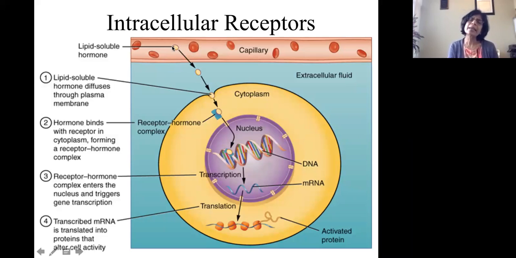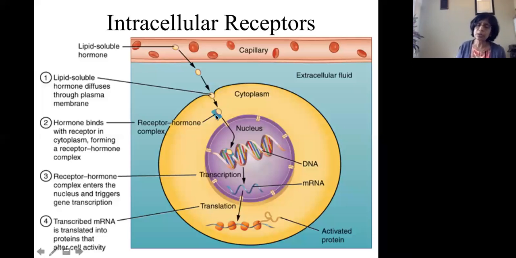Well, we could have added that it had a carrier protein. Now it separates from the carrier protein, moves out of the blood, and then that's not shown here. So you have to assume, because this is a lipid-soluble hormone, it should be carried in the blood by the carrier proteins.